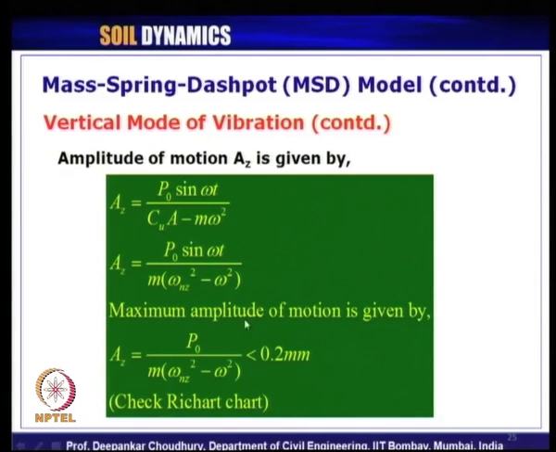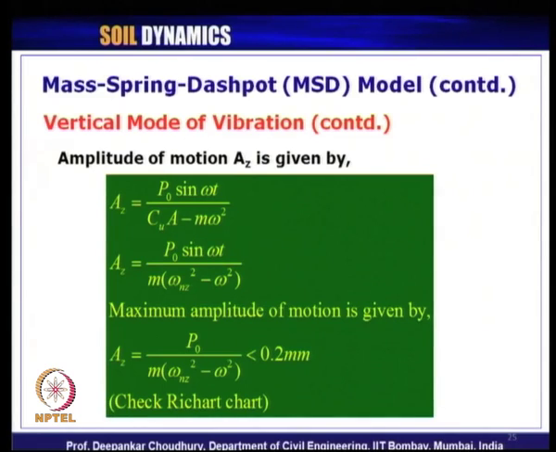And the maximum amplitude will be, obviously without the sin omega t, P naught by m times omega n z square minus omega square. This value should be less than 0.2 mm as per our IS design code guideline. And also this Az value has to be checked with Richart's chart for the third criterion, that it is not annoying to the people working in the surrounding vicinity or to the adjacent structure. So, these two have to be checked.